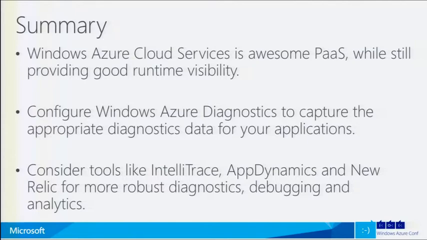Definitely configure Windows Azure Diagnostics if you're creating cloud services today. I'm a big fan of the declarative WAD config approach, but you could also use the object model and the classes to do it imperatively through your code as well. Whatever works best for you.